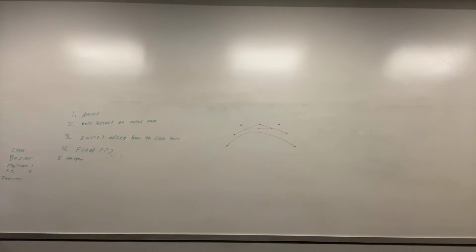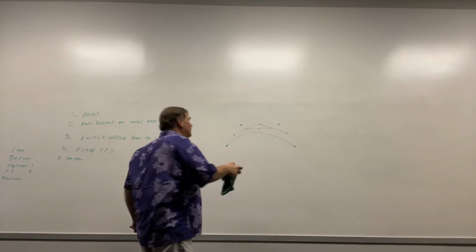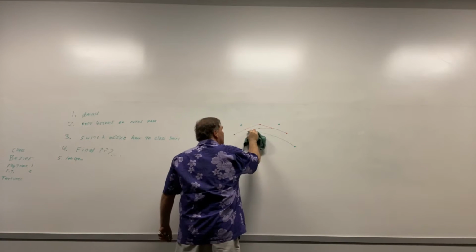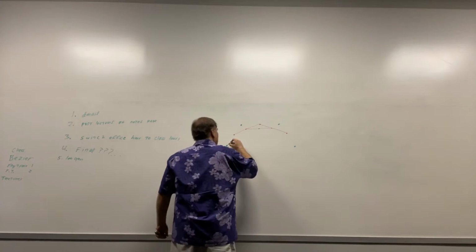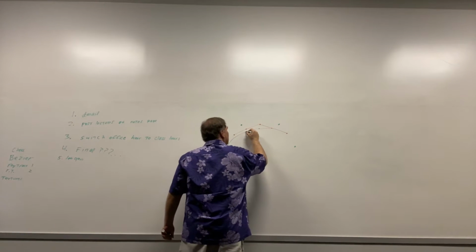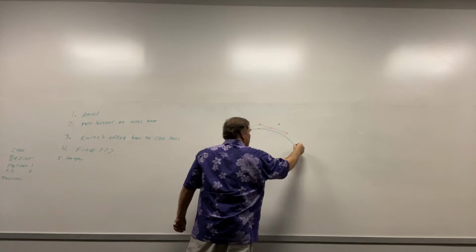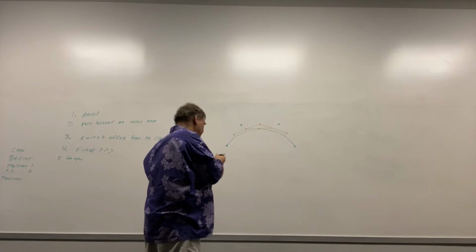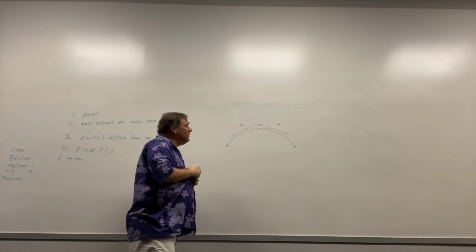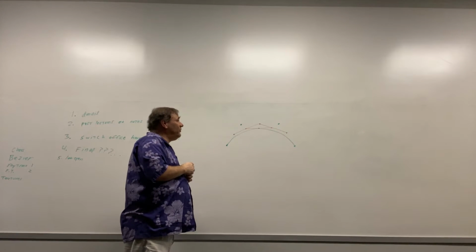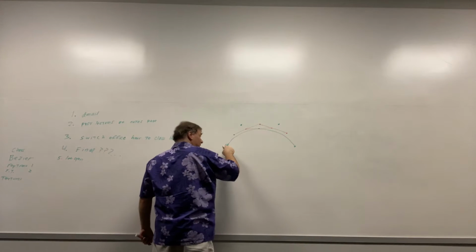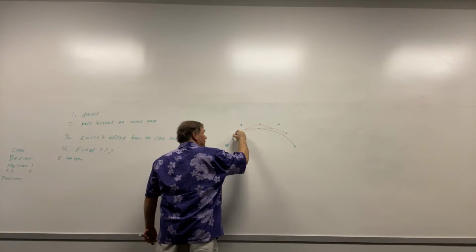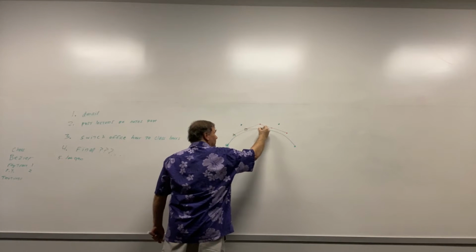Let me erase my original curve because I drew it wrong. The new control points for the subdivided curves are here, because it starts at the same spot, here, here, and here.